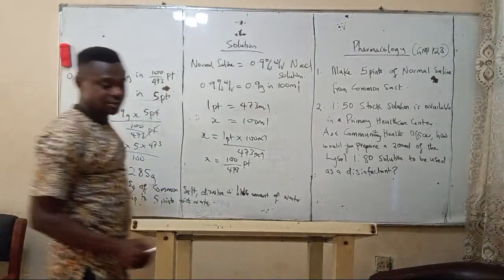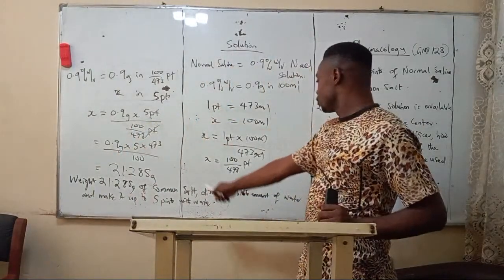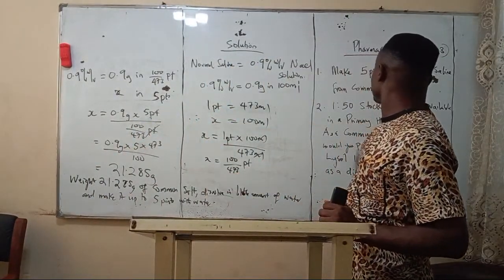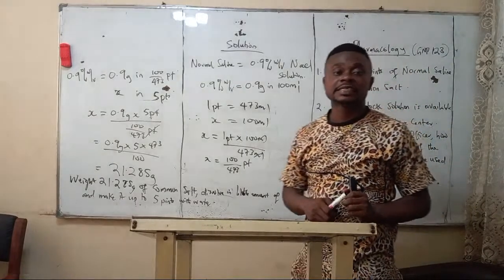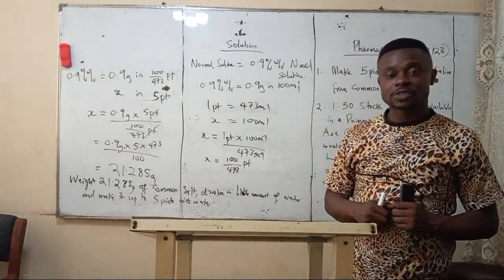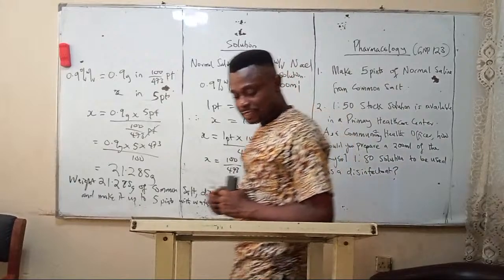If you do this, you would have produced 5 pints of normal saline from common salt. So this is the answer to the question.